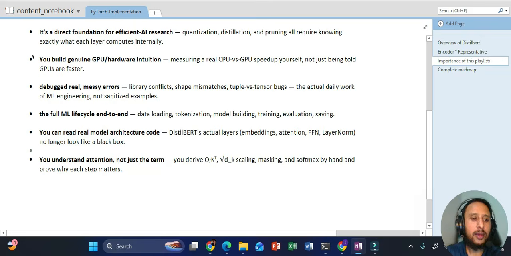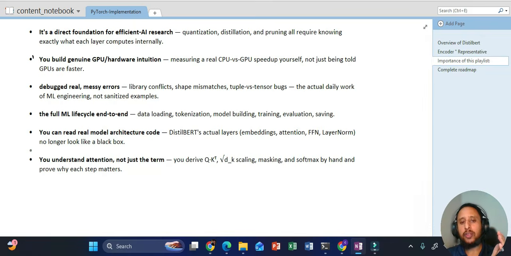And then of course, when you write the whole code from start to end, this is going to be very crucial for you in the future, because you will understand the complete life cycle of models, the development of models, and the training of models.